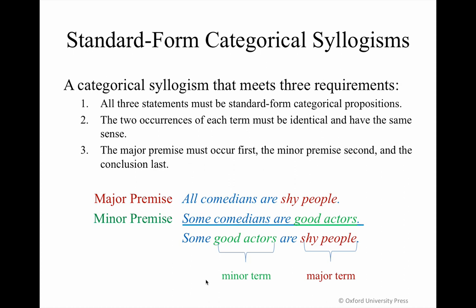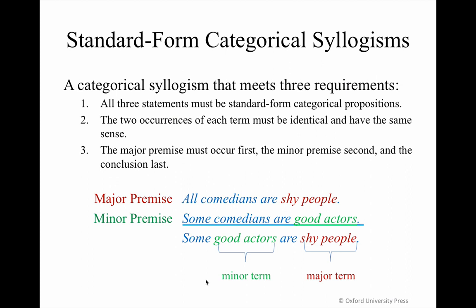You also need to have your statement reflect the relevant affirmative or negative. So if you have a universal negative, you use the word no. If you have a particular negative, you use the quantifier some and the copula are not.